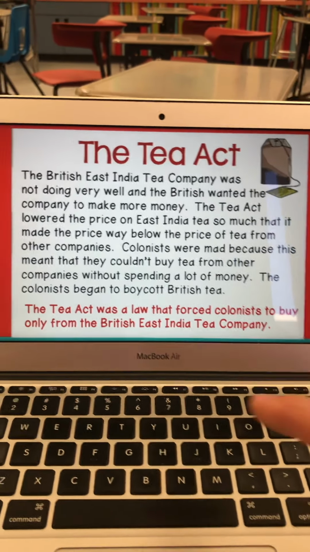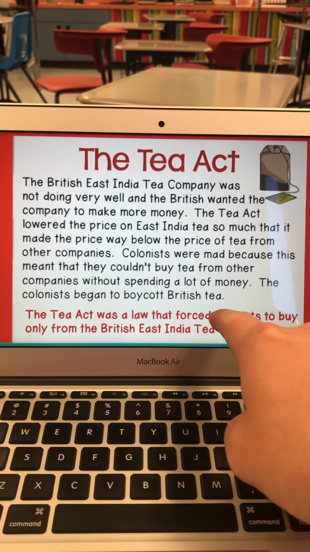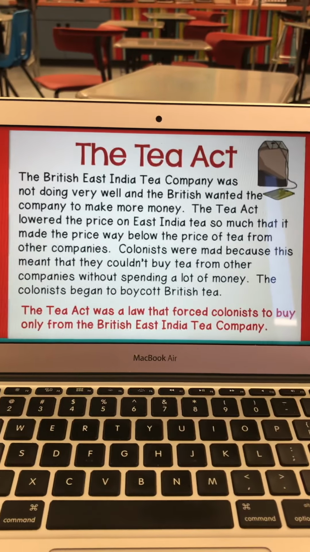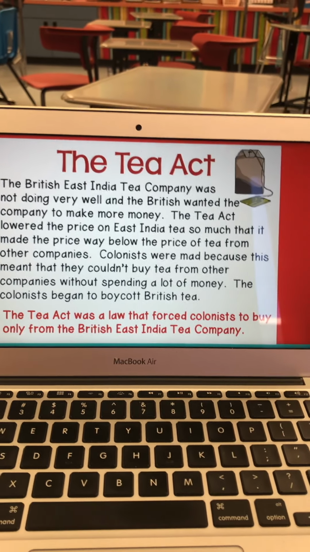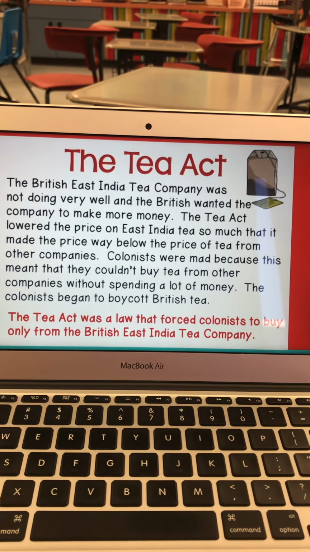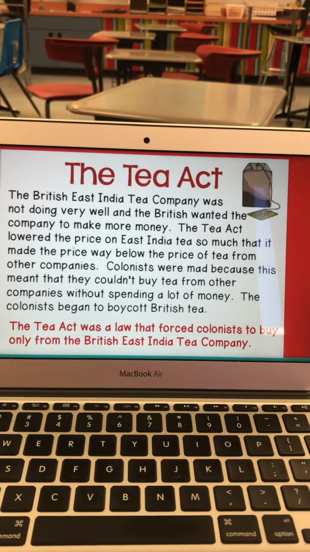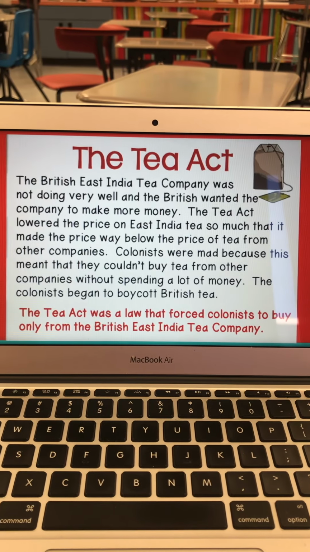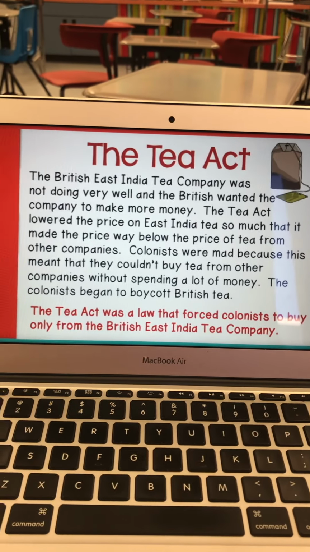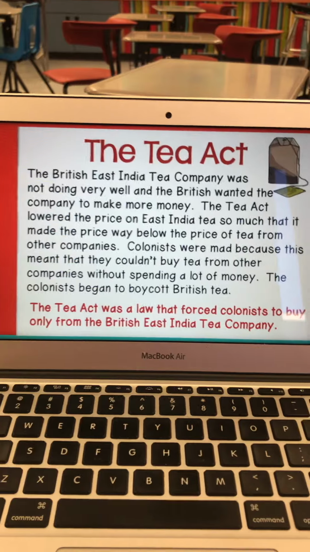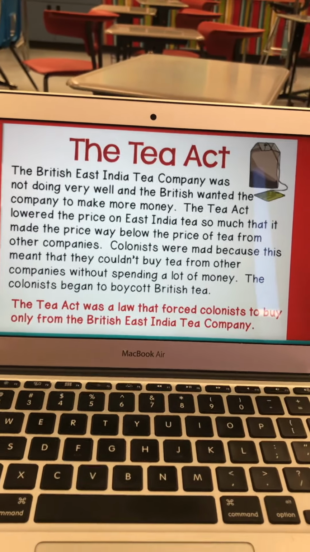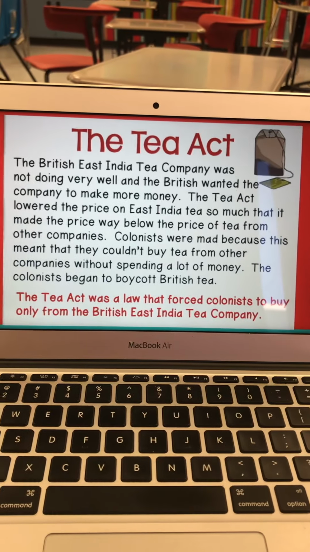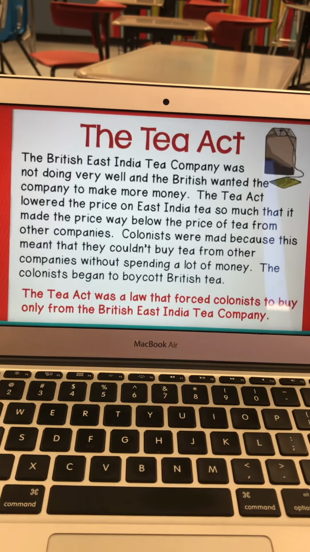So the colonists began to boycott British tea. Boycott means to protest. So it's like if I told you guys you have to eat spaghetti every day, for breakfast, lunch, and dinner.